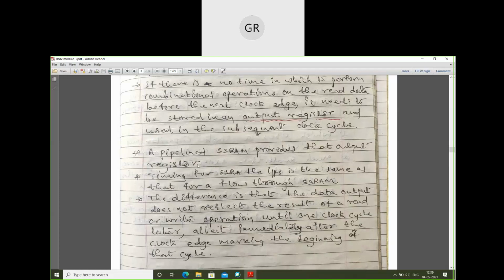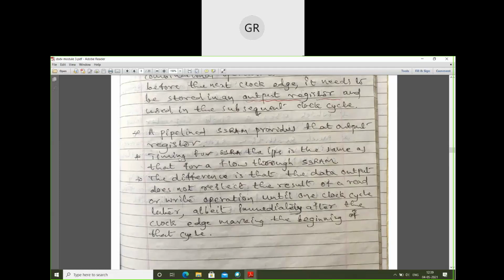How do we know that? The timing for the inputs is the same as that for a flow through SSRAM. The timing diagram for pipelined SSRAM is the same as the flow through SSRAM.